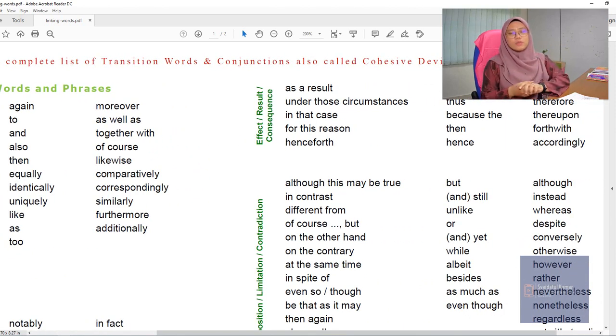But they are all referring to the same thing, that is, to connect more than one idea to the other. So you have to understand how each word is used, and I hope you can apply these linking words and transition words in your own writing and also in your speaking later.